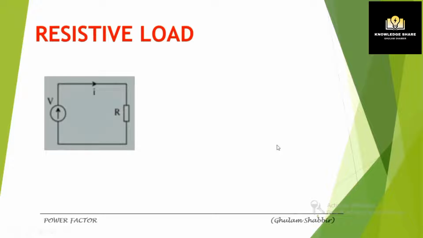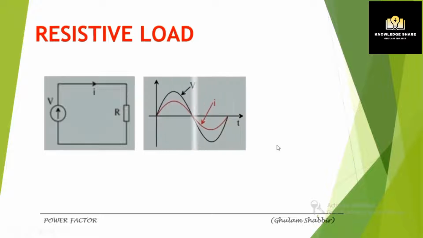Let me ask a question. For a sinusoidal voltage wave shape, what will be the current wave shape under steady state condition? So let us look at that. On the x-axis there is time, while on the y-axis it is the amplitude. The black curve is the voltage wave shape, which is sinusoidal, and that is the source voltage as well.